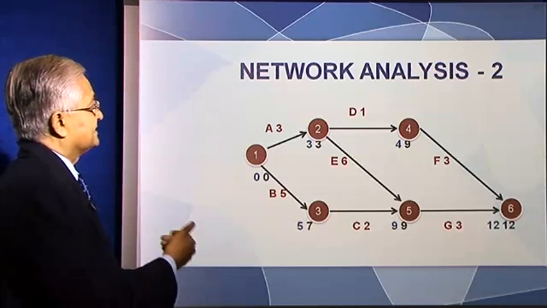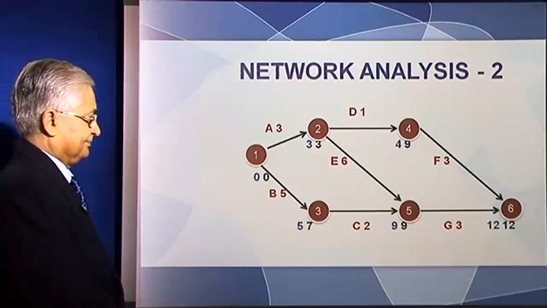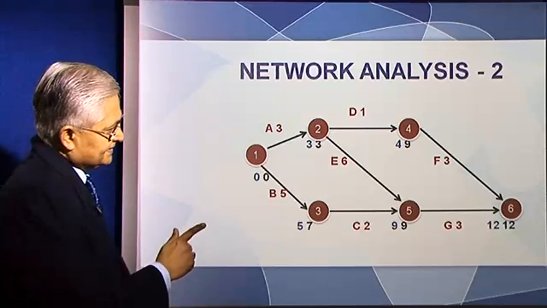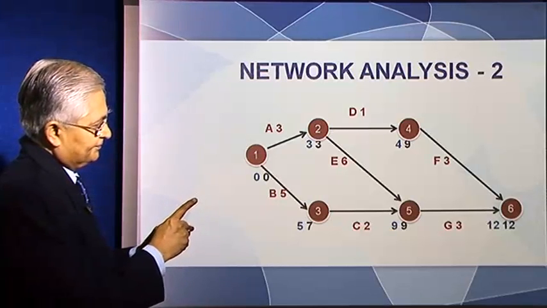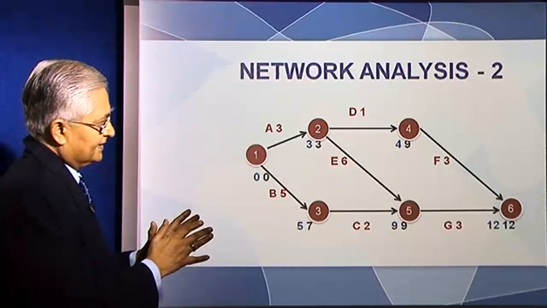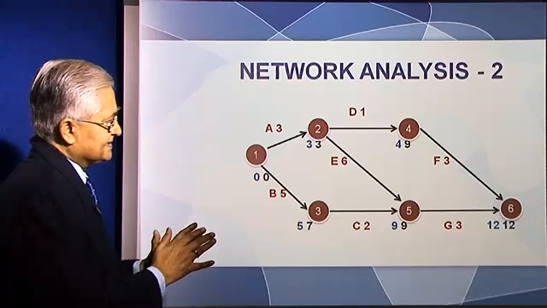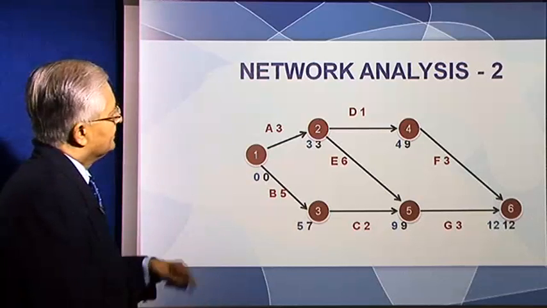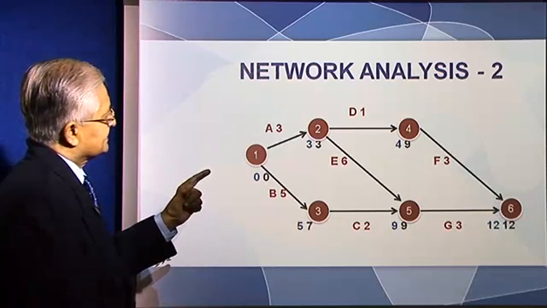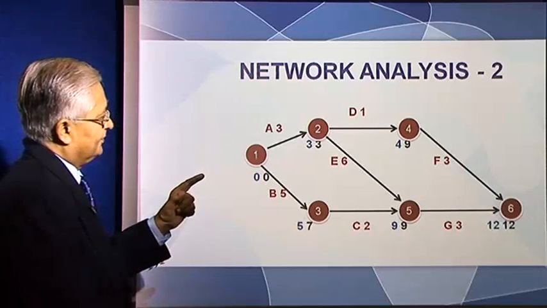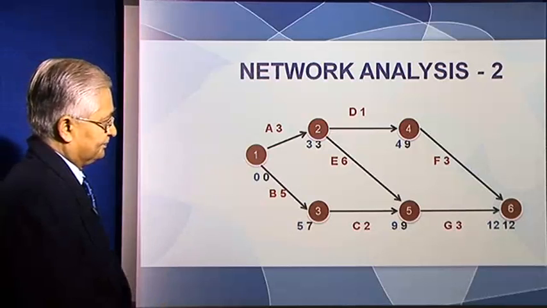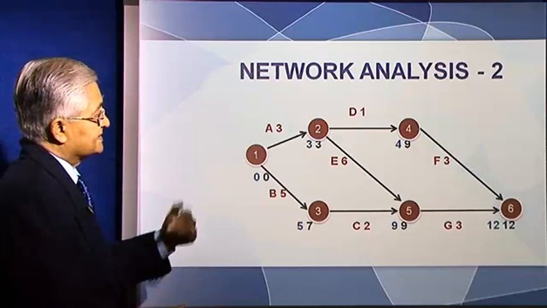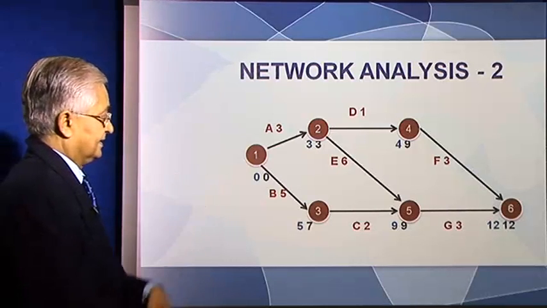But let's take activity E, for instance, right? Event 5 has to be finished latest at 9. E takes 6 months, therefore E can start latest by 3, which is the earliest you can start E by 3.